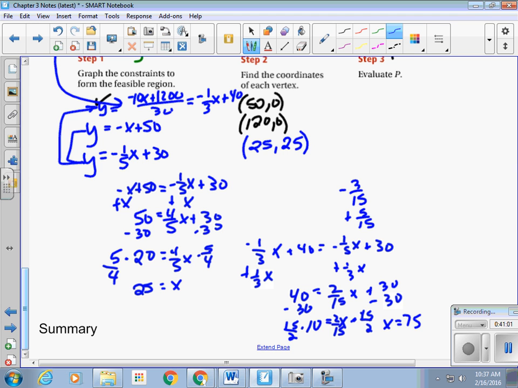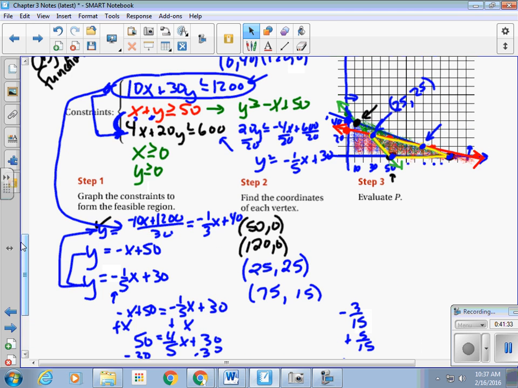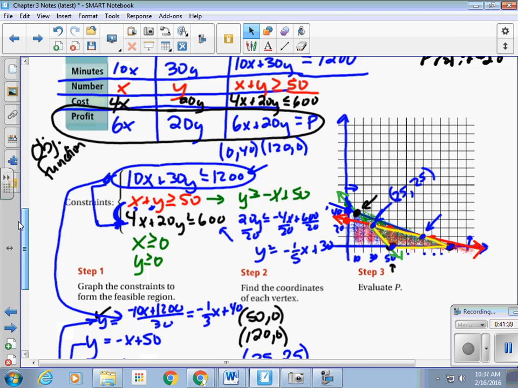We're going to take that and plug it back into, let's plug it into here. So negative 1/5 times 75, well, 75 divided by 5 is 15, we just did that. And negative 15 plus 30 is 15. Okay, so now that we have all the vertices, we're going to evaluate P. So our profit, remember, is 6x plus 20y.